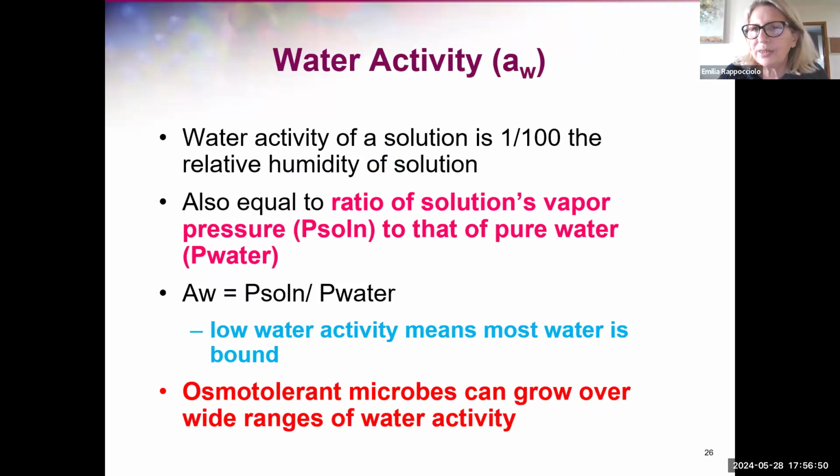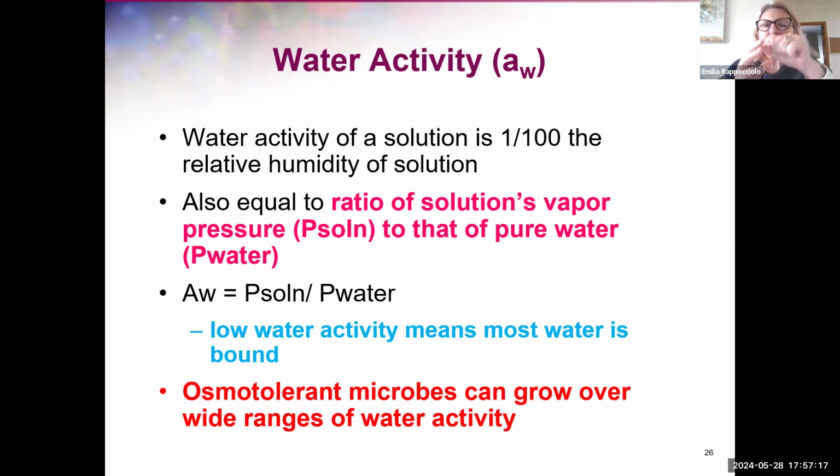Do you know what the water activity is? Water activity of a solution is 1/100 of the relative humidity of the solution. So it's how much water can move, basically. And how much water can move depends on how much solute is present in a solution.